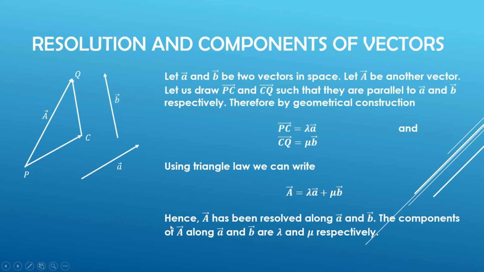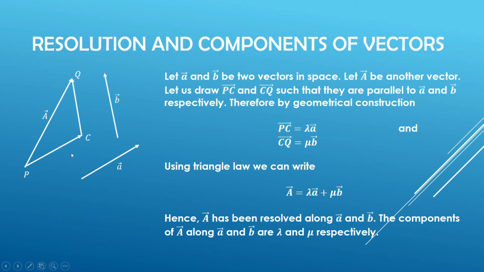This is a very important part. This is one of the most important parts in vectors. This is the resolution and components of a vector. Suppose A and B be two vectors in space, and this capital A vector be another vector in space, and we want to write this capital A vector in terms of small a vector and B vector.